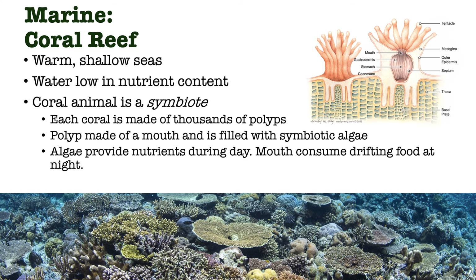So the algae gets shelter and some nutrients from the coral, and the coral gets energy from the algae. It's a very delicate symbiotic relationship, which we'll be looking at later in the series.